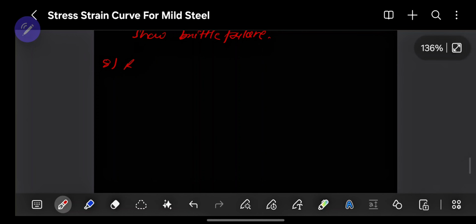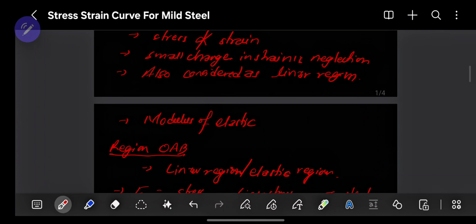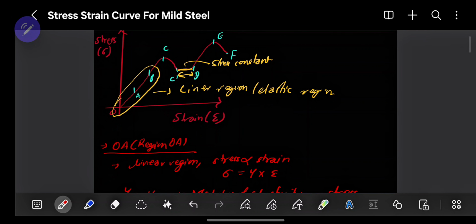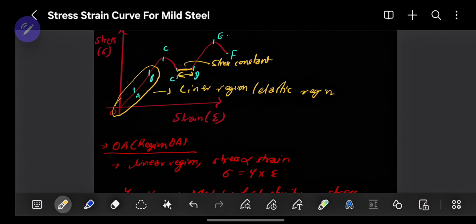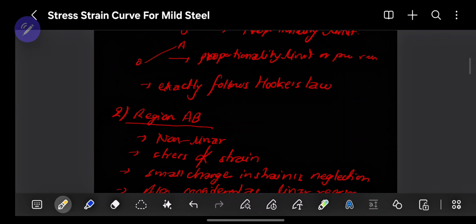So moving on to the region EF. This region is known as the EF region, which we can see from the curve. In this region, the material acts like a wire.